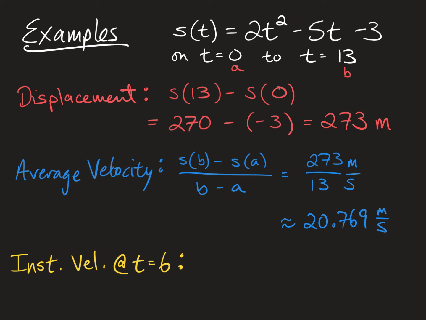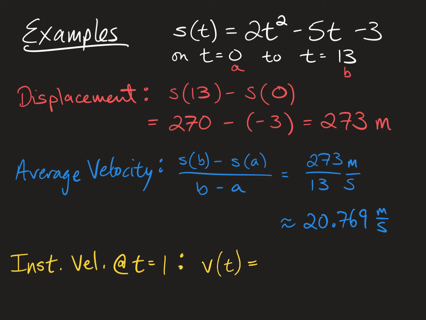Finally, we have this last one down here. Find the instantaneous velocity when t equals 6. I want to change that answer to 1, when t equals 1. So in order to find the instantaneous velocity at a specific time value, what needs to happen is you need to find the derivative of the position function.